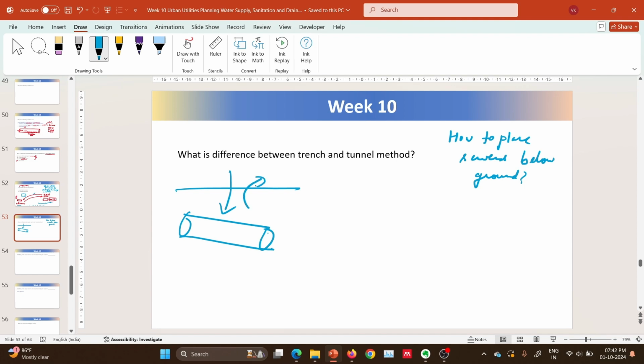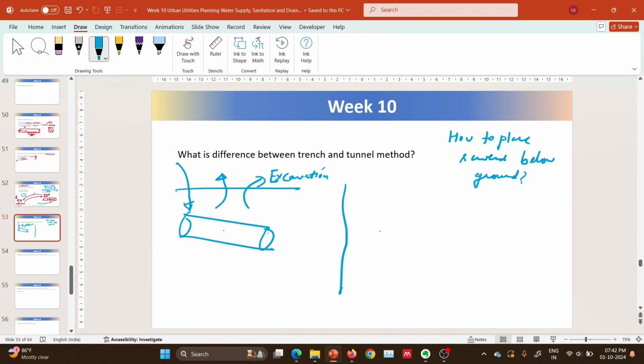One is excavation. The soil is excavated and the pipe is inserted. If you excavate from the top and then put the sewer in, it is called the trench method.